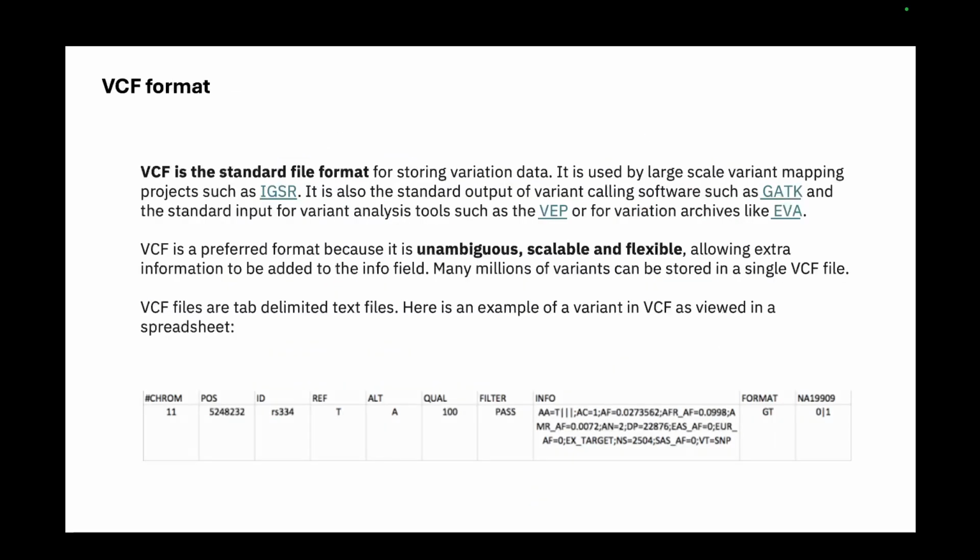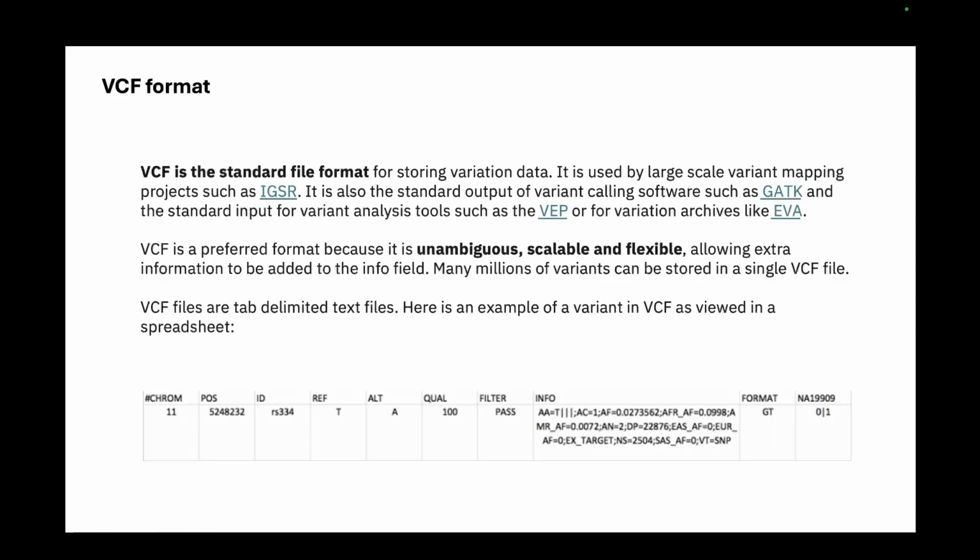Now we come to the VCF format, which is basically the format in which the variants are stored. It's a tab-delimited file with these columns: chromosome, position, ID, ref, alt, the quality score, filter, and your info. This contains allele counts, allele frequencies, and other information as well. The format is given in genotype, and each sample will have a particular genotype.